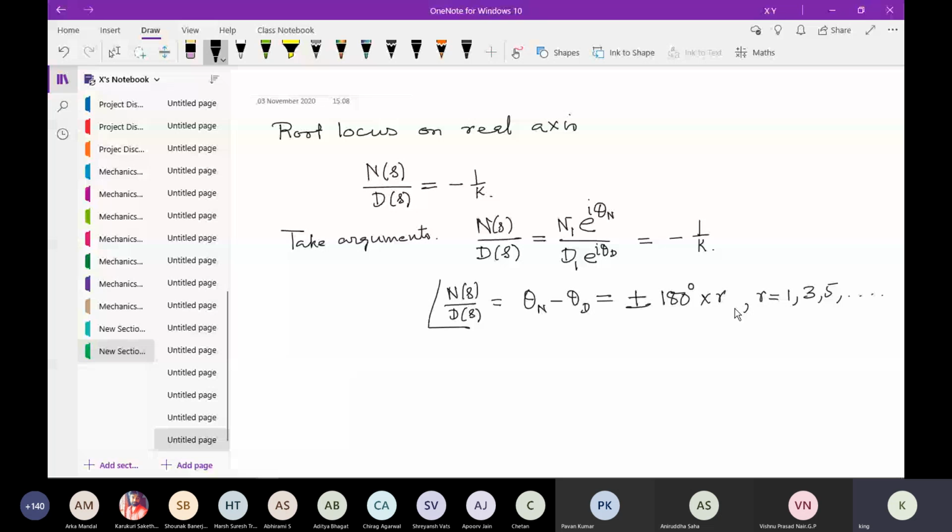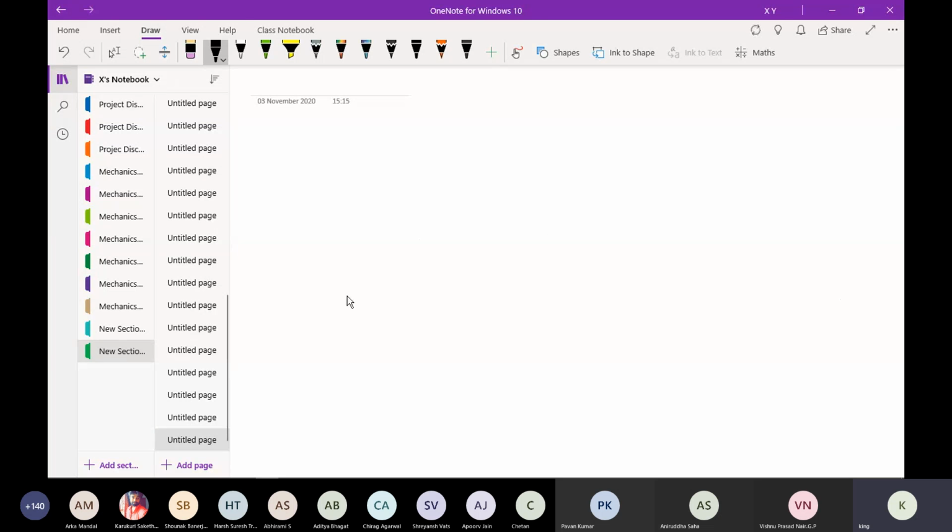So this will be the basis for our analysis of this rule. We'll now write out Ns in this form.